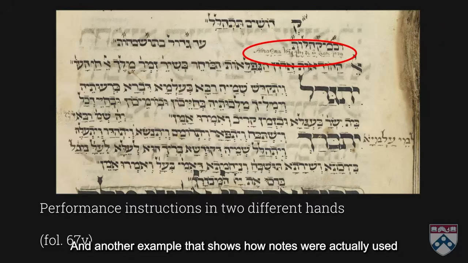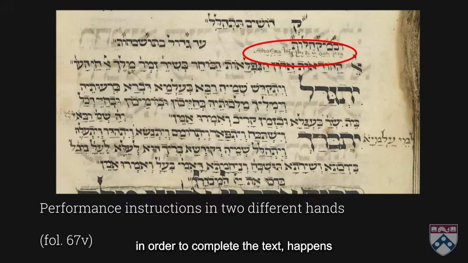And another example that shows how notes were actually used in order to complete the text happens on another folio where the half Kaddish is copied, and the original scribe actually tried to squeeze a lot of text into one line.